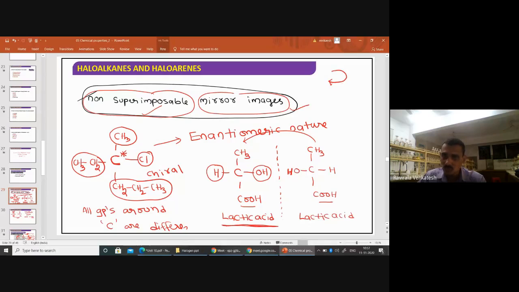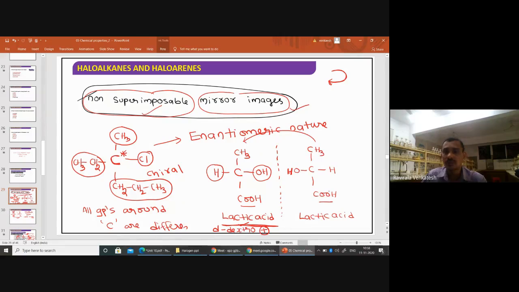If it is moving in a clockwise direction, the name we are giving for that one will be dextro. D for dextro we are giving. It can also be taken as positive sign, or small d or dextro we are giving here.